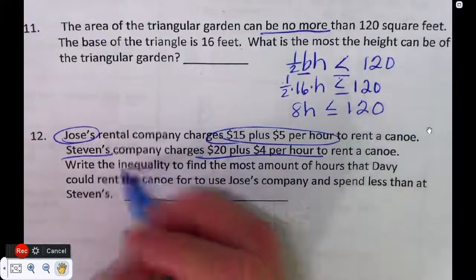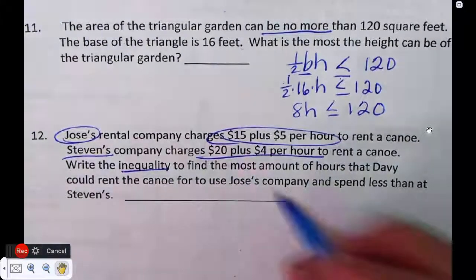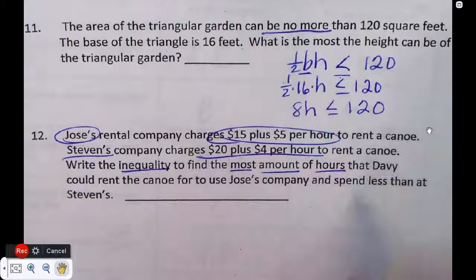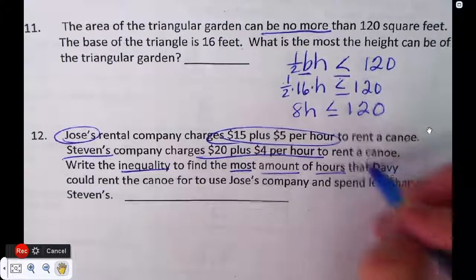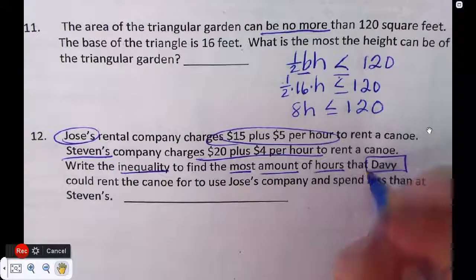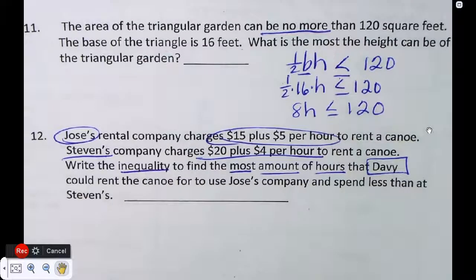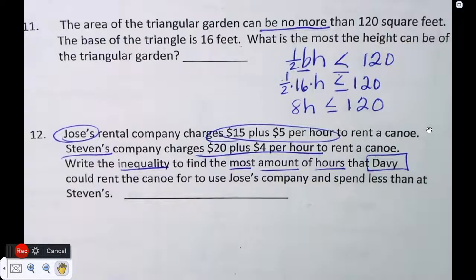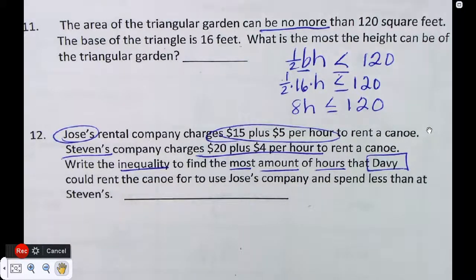Write the inequality to find the most amount of hours that Davy could rent the canoe for to use Jose's company and spend less than at Stevens. So Davy is a buddy of Jose's, but he doesn't want to do it if it's going to cost him more money. Use Jose's company.